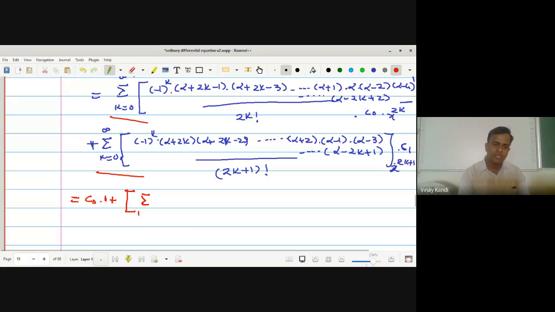summation k running now from 1 to infinity, and the whole term is as it is here, c naught into x raised to 2k. The summation now runs from 1 to infinity.